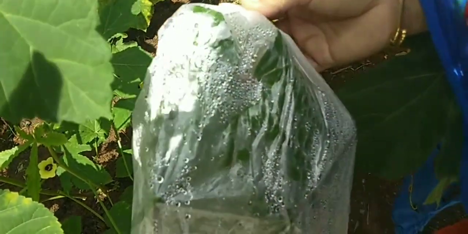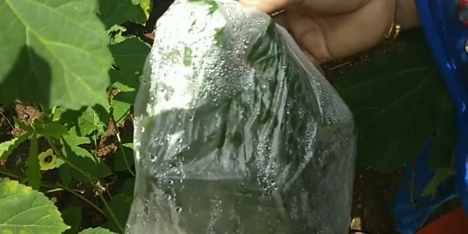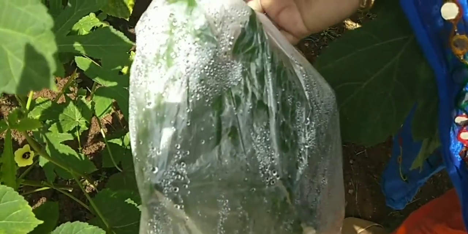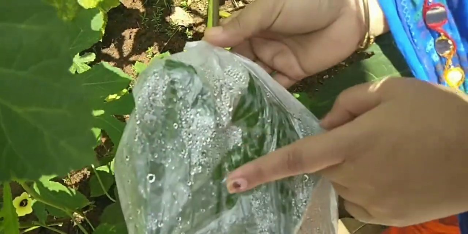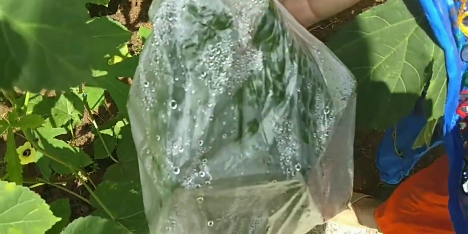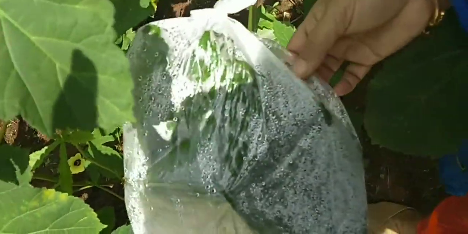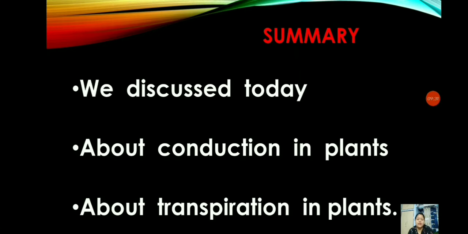So this is the process of transpiration. I hope you have understood that.